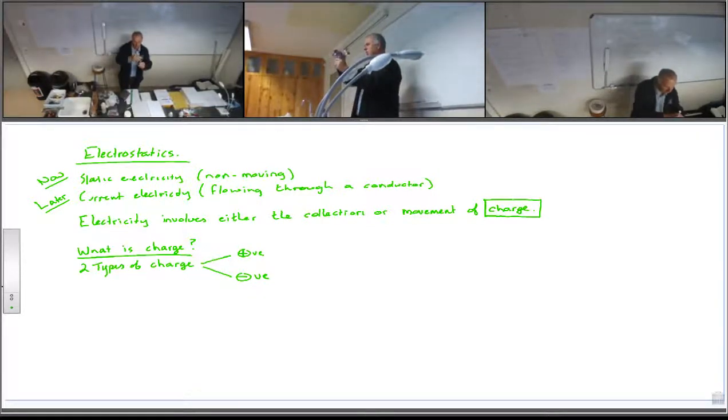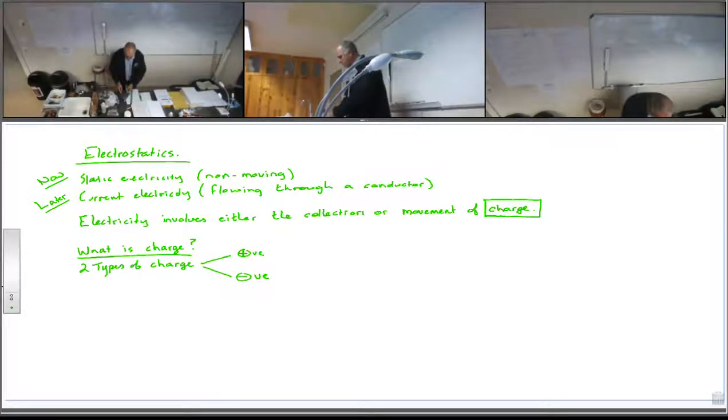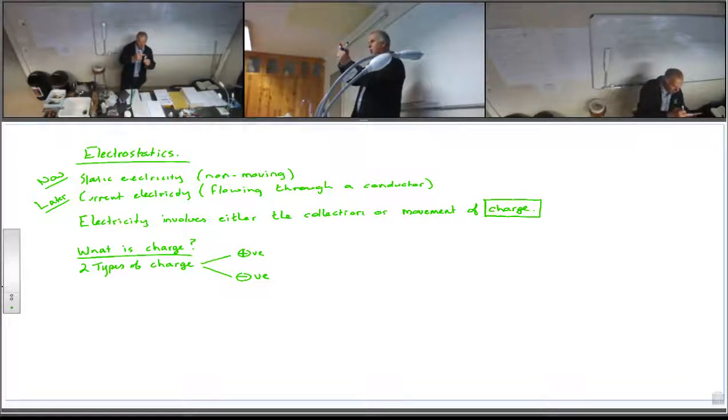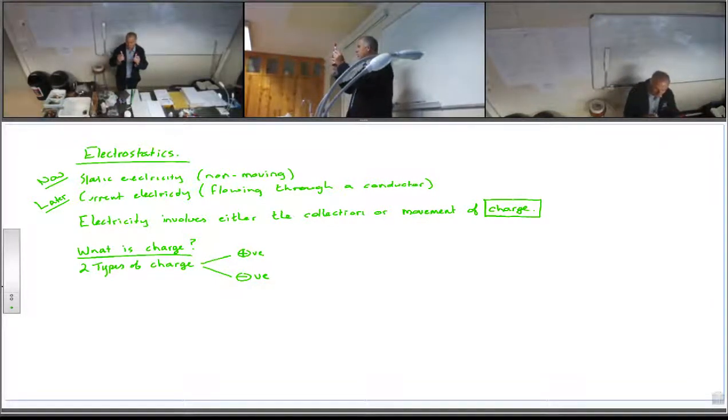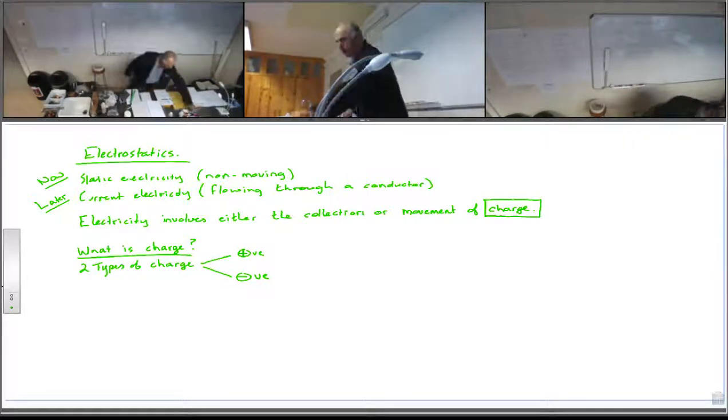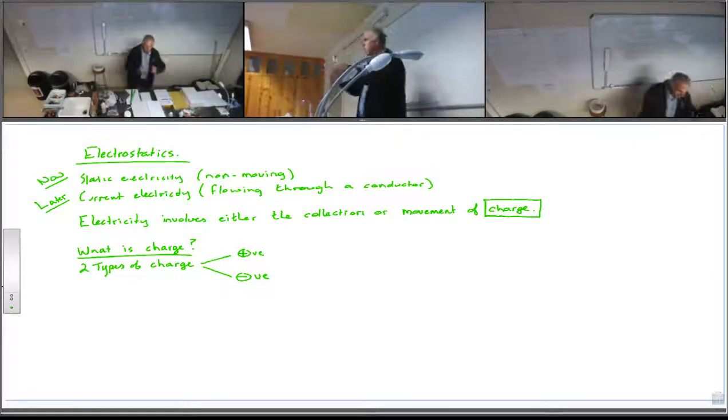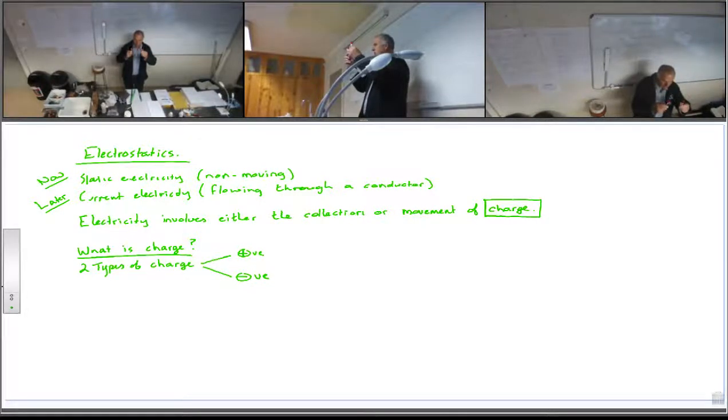So if I gave it a black charge and a black charge instead of positive or negative, what would these two things do? They would repel. But if I charge the one with a red charge and the other one with a black charge, they'd attract. Or if I had two of them with red charges, they would repel.